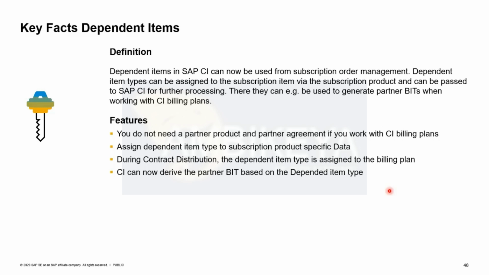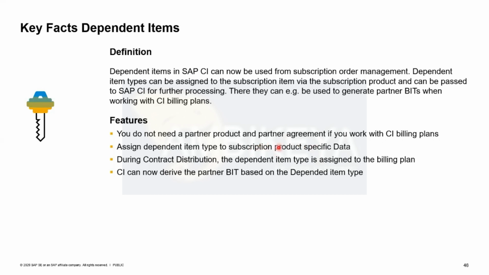But with CI bill plans, we no longer have to create all this additional master data like a partner charge plan, partner product, and a partner agreement, or even transaction data like a partner agreement. All this can be managed differently. Now you need to assign a dependent item type to a subscription product.